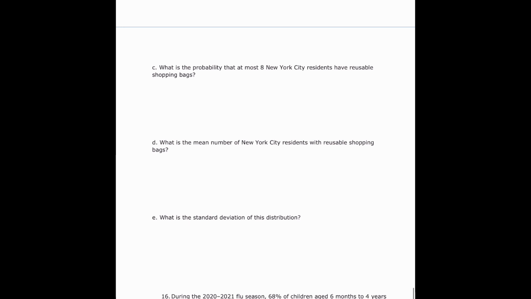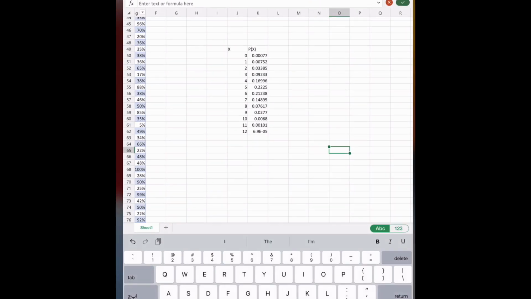Now, to answer the next question, what is the probability that at most 8 New York City residents have reusable shopping bags? That means either 8 or 7 or 6 or 5 or 4 or 3 or 2 or 1 or 0 residents have reusable bags, which means I will add the probabilities from 0 to 8.